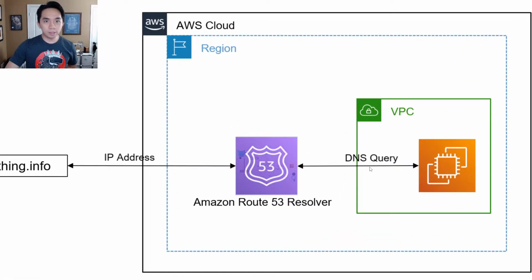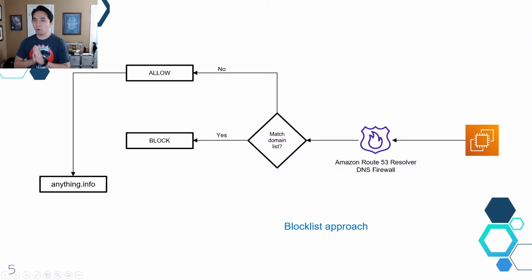And this is where the DNS Firewall comes in. Depending on your approach, you can either do a blocklist approach or an allowlist approach. So within the DNS Firewall, there's a domain list. There could be multiple domain lists, but let's just take one for example. The DNS query from the resource will have to go through the DNS Firewall for inspection first.